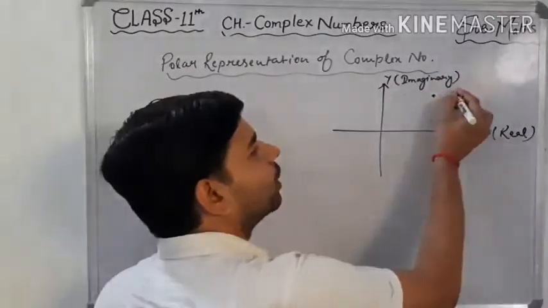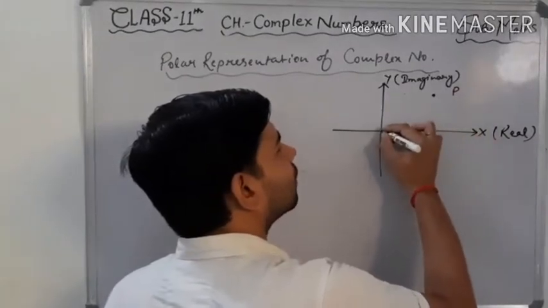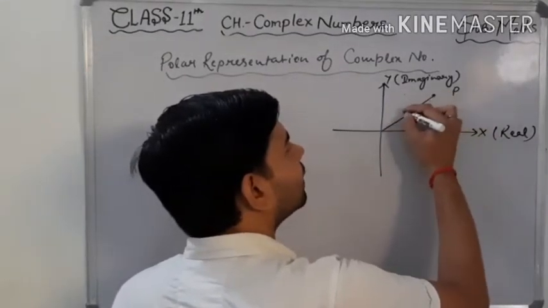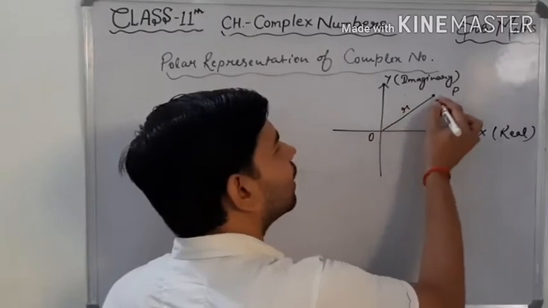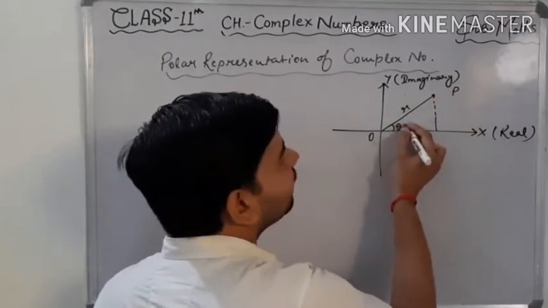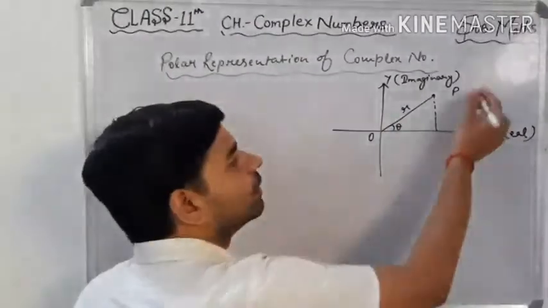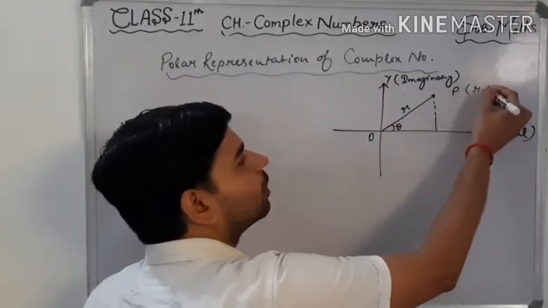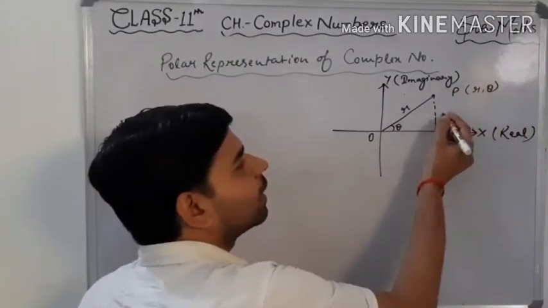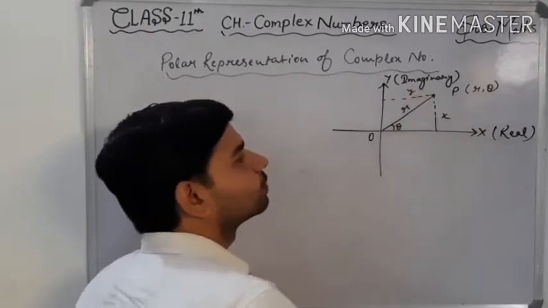If there is any point P which is r distance from the origin and makes an angle theta with the x-axis, meaning the real axis, then its coordinates are r comma theta. This is x distance and this is y distance.